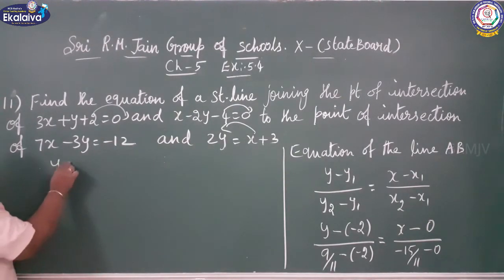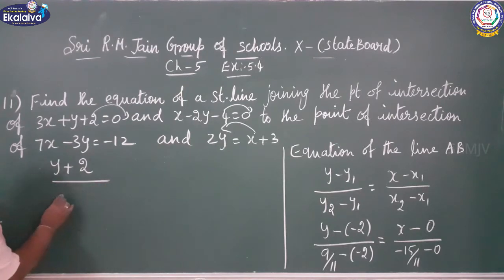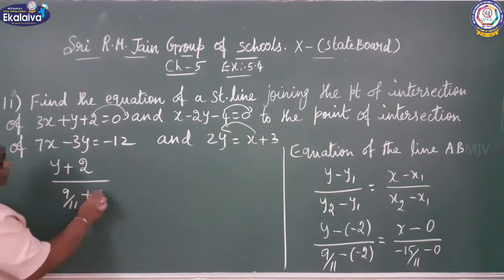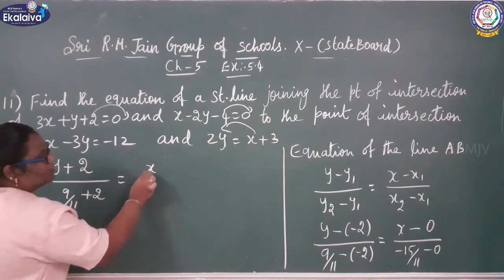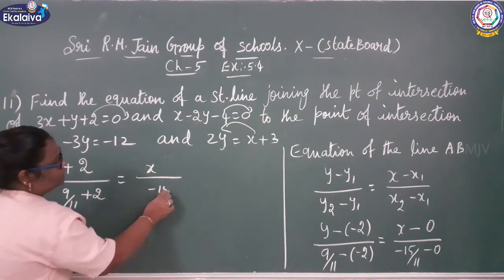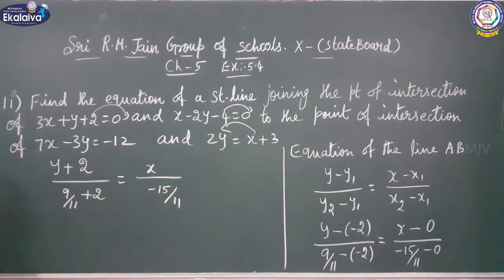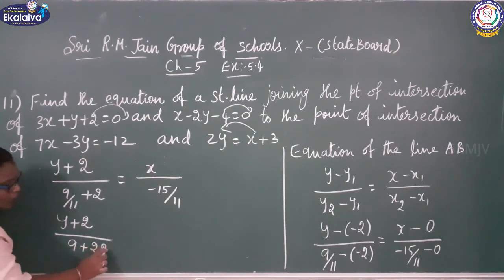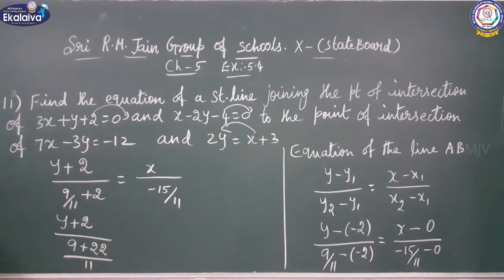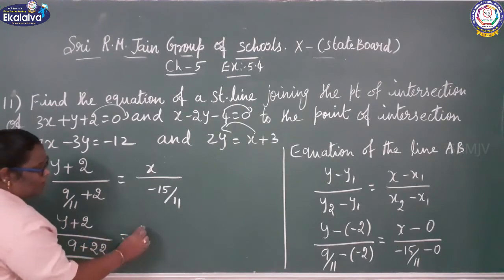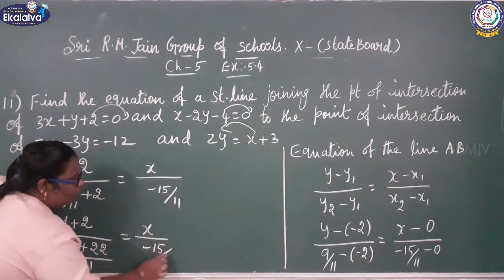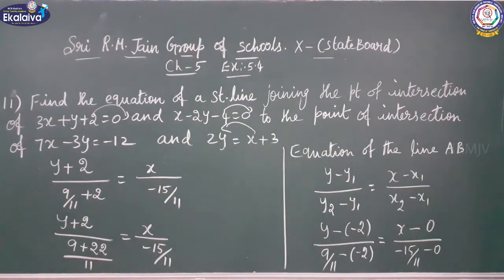See, y plus 2 by 9 by 11 plus 2 gives x by minus 15 by 11. So, y plus 2 by, take the LCM as 11, 9 plus 22 by 11 equal to x by minus 15 by 11.